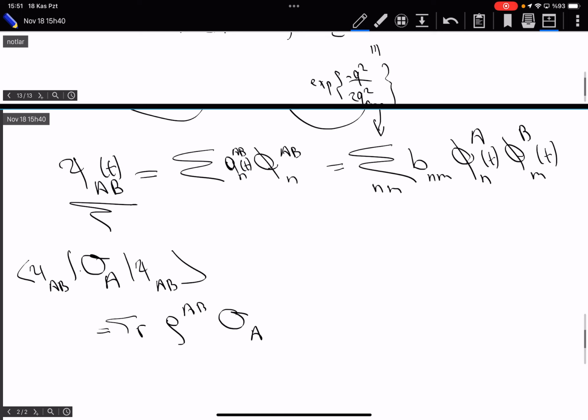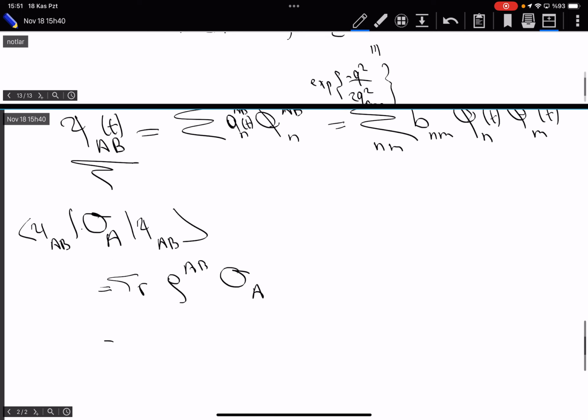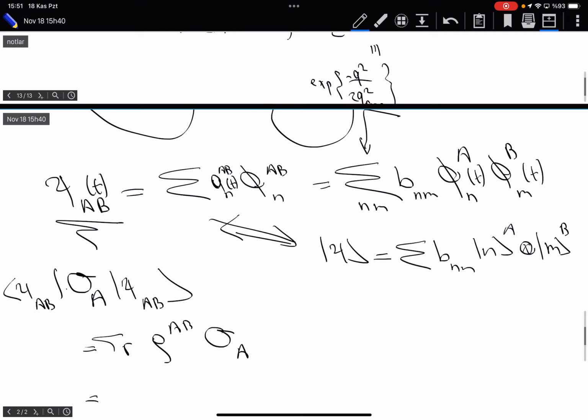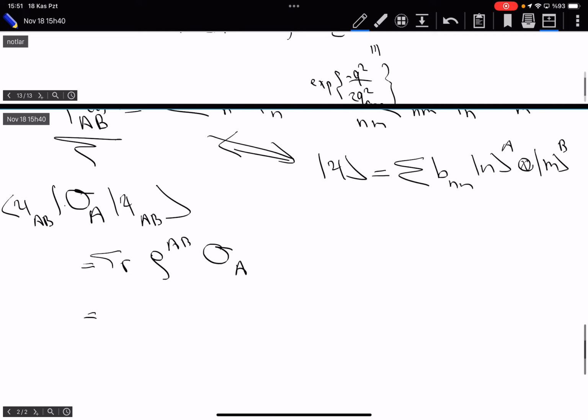operator. Well, the trace will be, let me write this psi state as a sum over n and m, n of the A system times m of the B system. These two basically are the same, talking about the same thing. Now this trace would be, let me put primes over here.